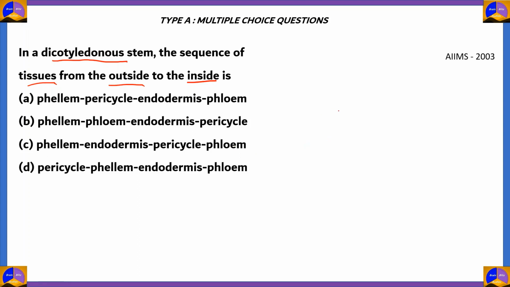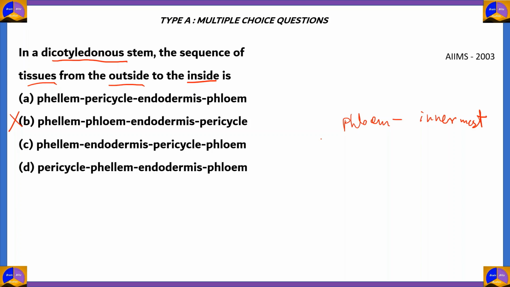We all know that among the given 4 options, the phloem is innermost. And so since the phloem is the innermost, option B is incorrect because it has pericycle in the inside, which is not true. So among options A, C, and D, how do we find our correct answer?